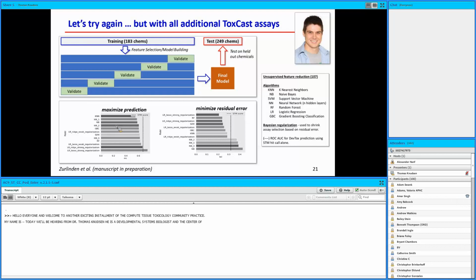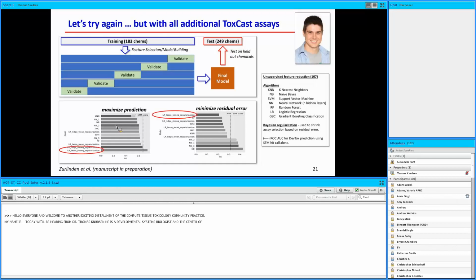Todd worked through a dozen or so different machine learning approaches. He used some unsupervised feature reduction approaches, and he used Bayesian methods to shrink the assay space down to the most significant assays based on maximum prediction and minimal residual error. And it turned out the same machine learning algorithm was best in both cases. It gave the best prediction and the least residual error.